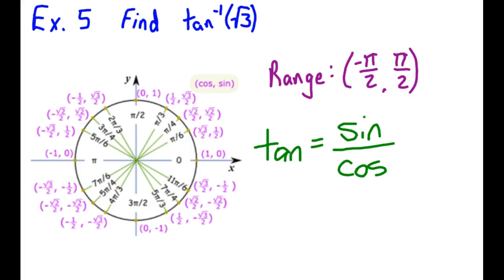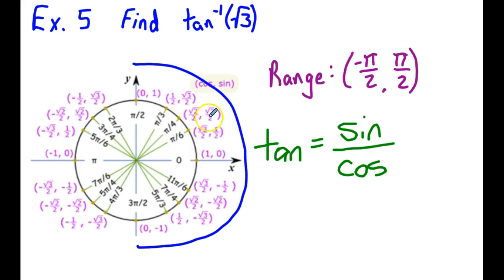Example 5, now we want to find the inverse tangent of radical 3. Since we can't determine directly from these ordered pairs the value of tangent, the x-coordinate refers to cosine, the y value refers to sine, we have to use that quotient property such that if we take sine divided by cosine, we get the tangent value. So the range for tangent is negative pi over 2 to pi over 2, so we're going to be on the right portion of the unit circle.